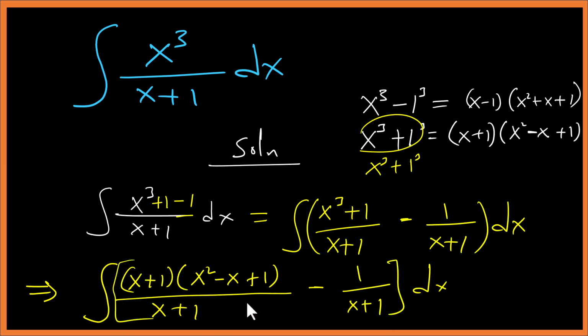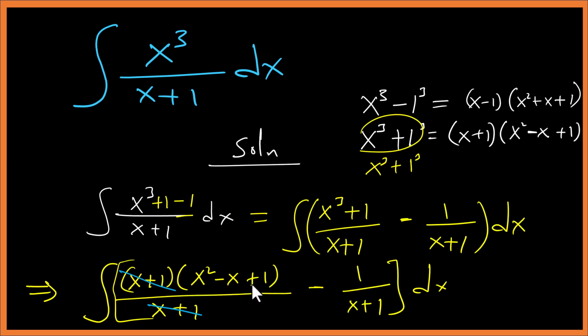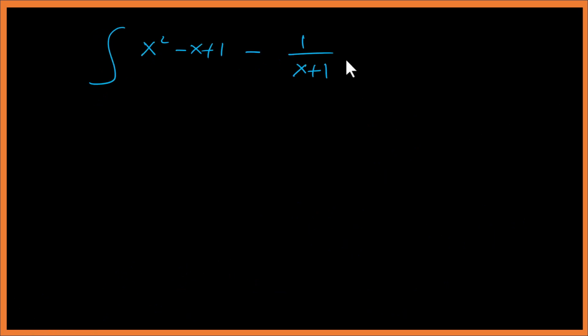From here we can do cancellation. This will cancel this, so I'll be left with the integral of x squared minus x plus 1, minus 1 on x plus 1 dx.